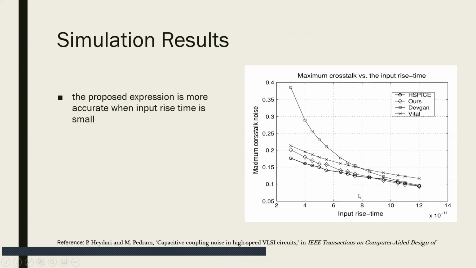So basically, when the input rises very fast, the model from Devgan is not accurate, while this derivation offers a more accurate result.